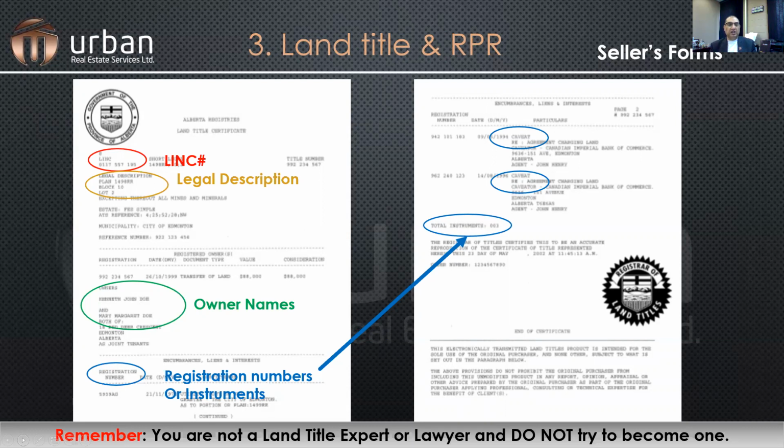Most of the time, the mortgage will be registered on this as well. If you look on your screen at page 2, you will see the way it is registered. There is a registration number, the date it was registered in the middle column, and the third column is the particulars, which gives you a little bit of detail. You might be able to read, it's from Canadian Imperial Bank of Commerce, CIBC, and it's a mortgage, or you can verify if it is a line of credit or something like that.